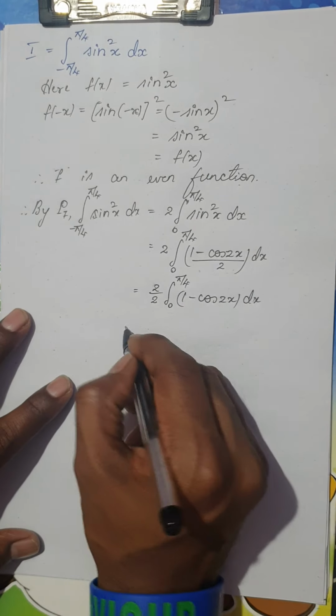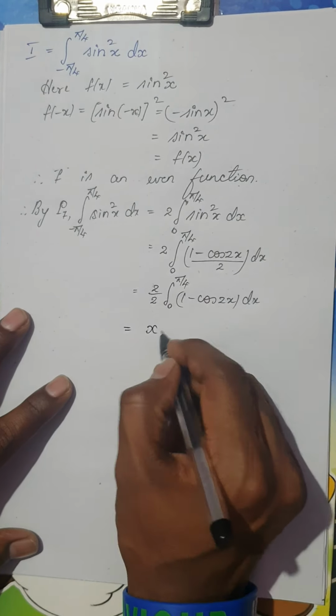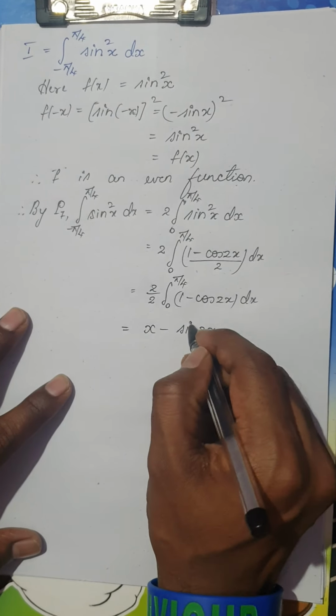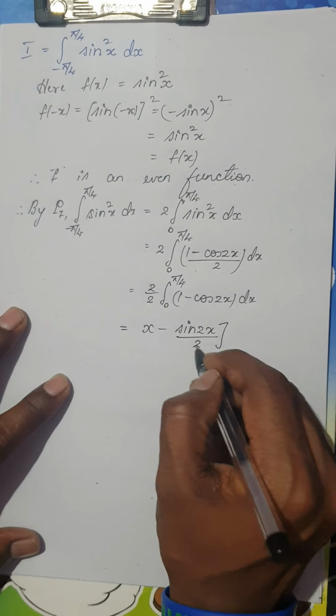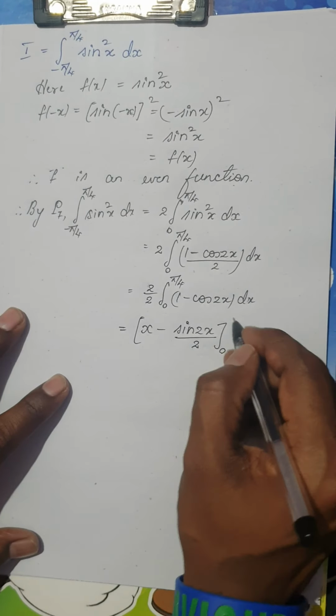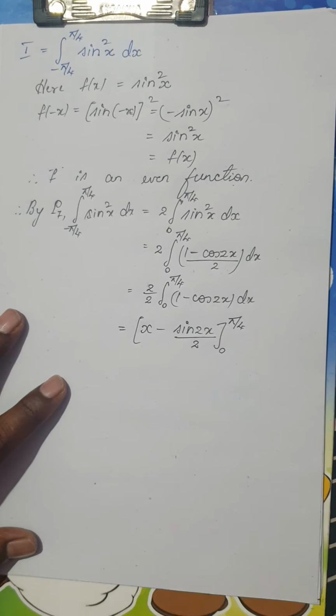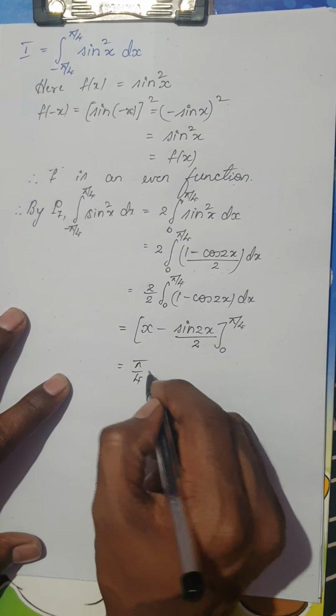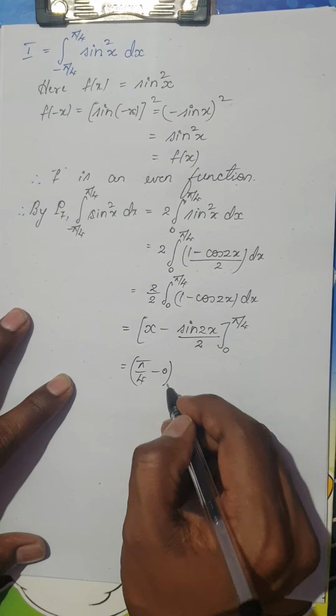Okay, so 2 and 2 get cancelled, integral of 1 is x minus integral of cos 2x is sin 2x divided by 2. Remember the limit is from 0 to pi by 4.